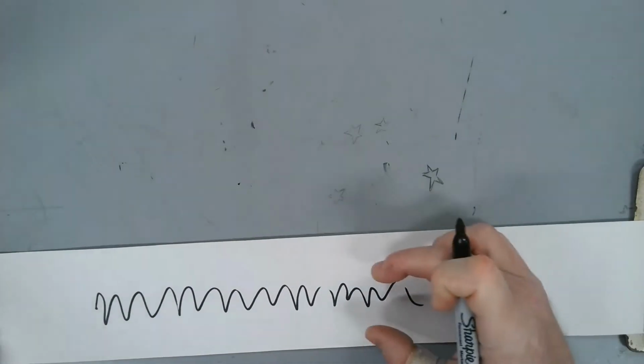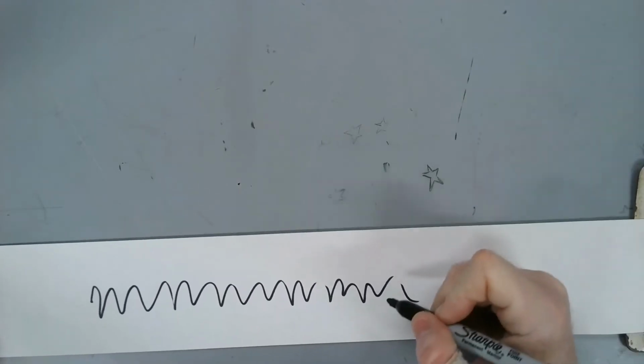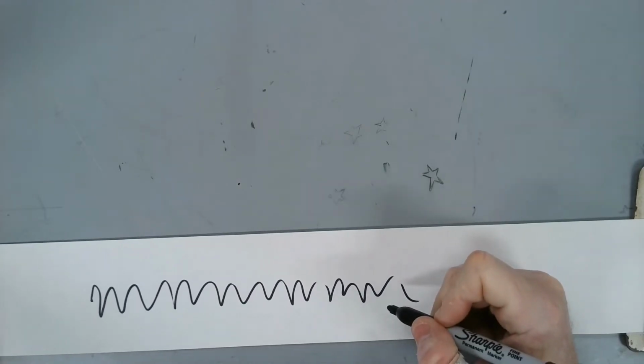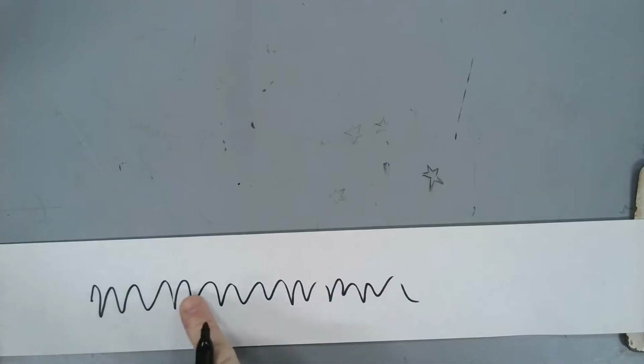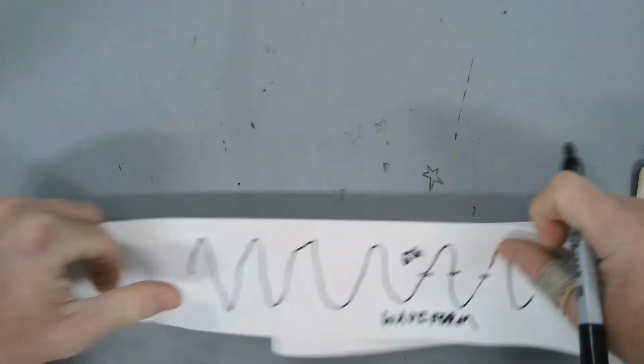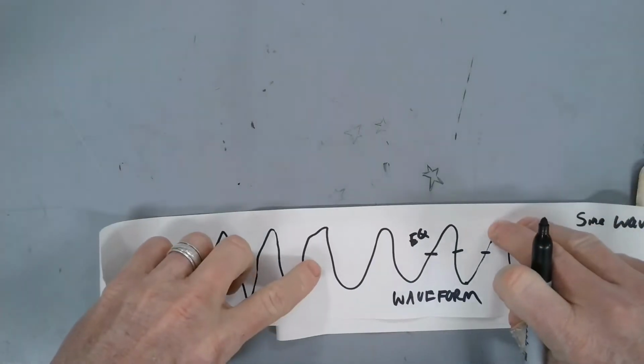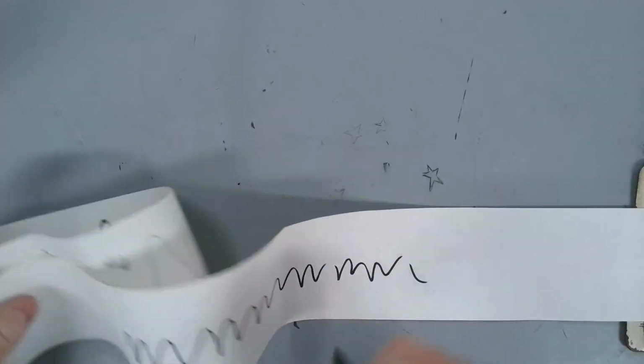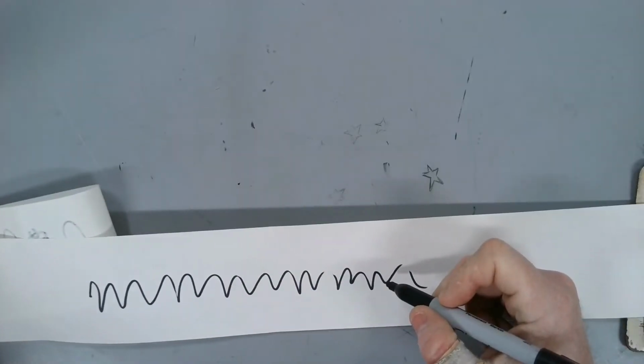Okay, we had a quicker back and forth movement. We had a shorter period, but look at the amount of waves. The waves are more frequent here than they were before. But the waves here were bigger than they were here.